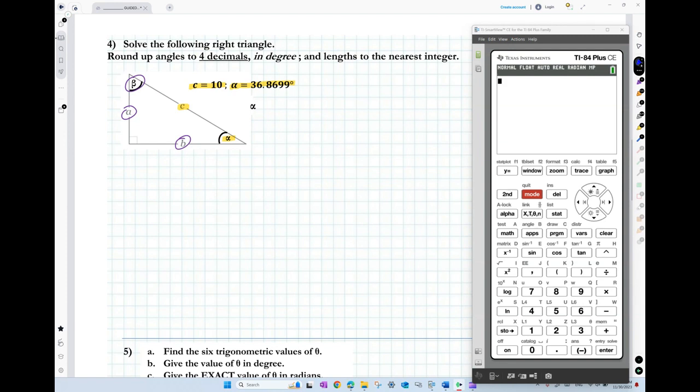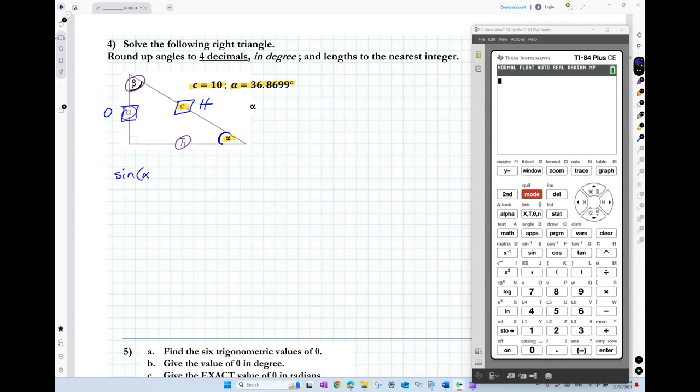So I'm first going to try to find the side length A, which is, with regard to alpha, the only one I know, the opposite. And I've got C, which is the hypotenuse. So with regard to alpha, opposite and hypotenuse, SOH, I'm going to use the sine.